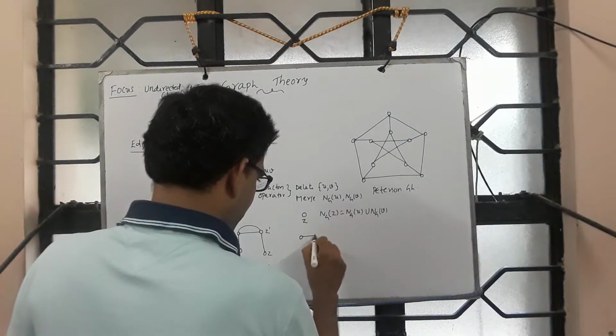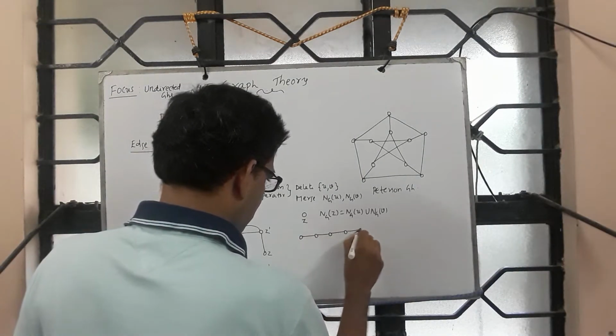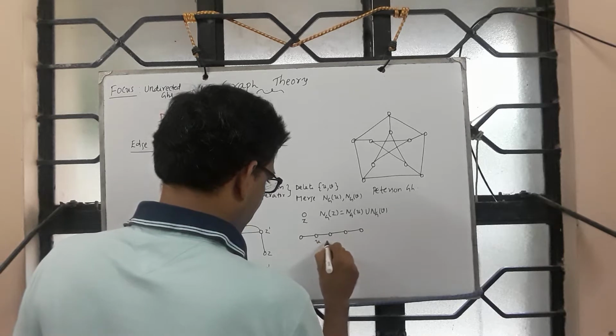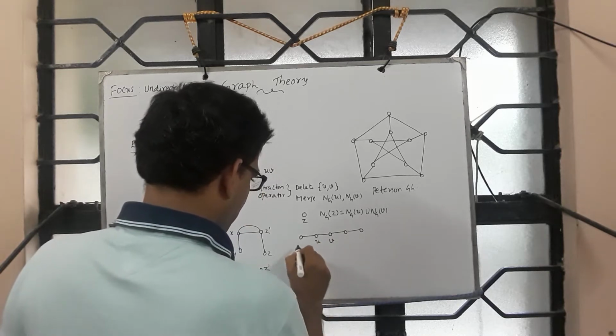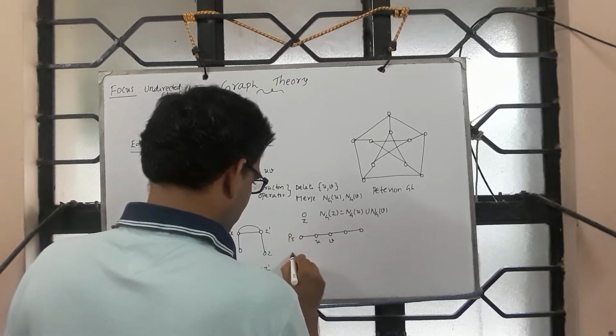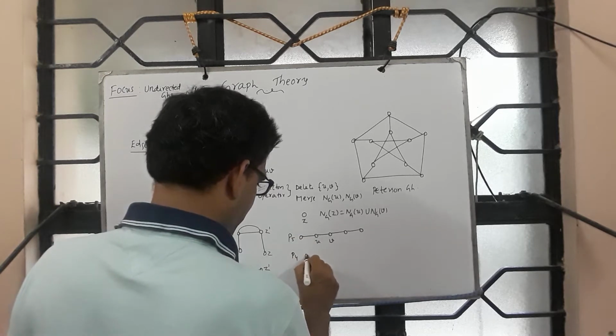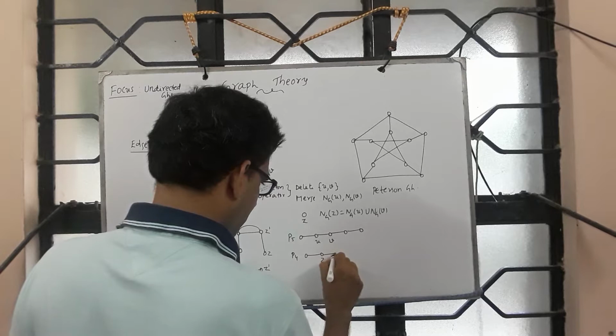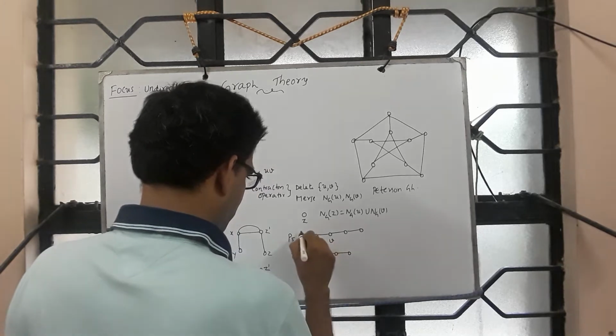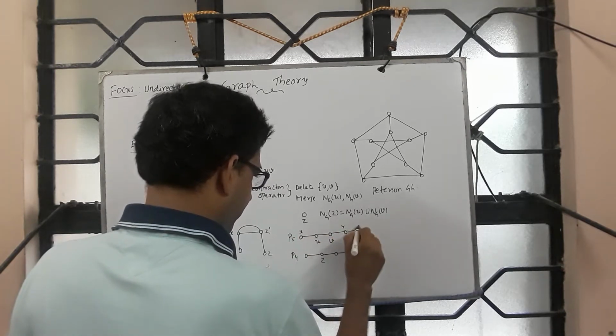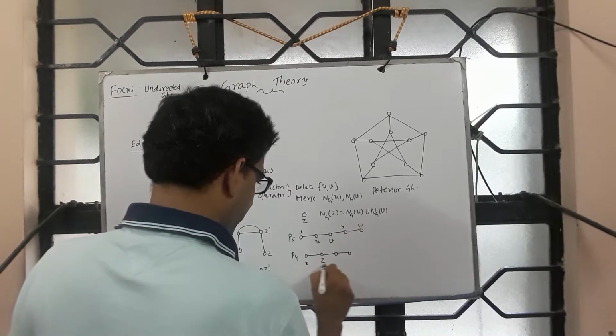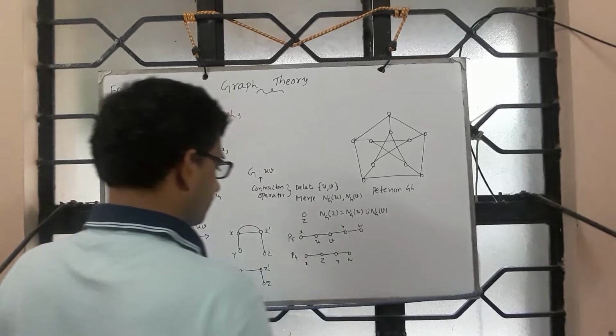And suppose the graph is like this, you contract U and V, then this is P5, on contraction it becomes P4. So you have this, you have Z, then you have this and this. Suppose this is XYW, you get XYW.